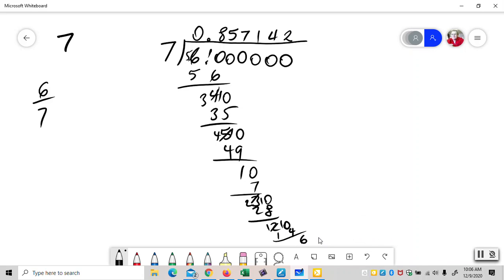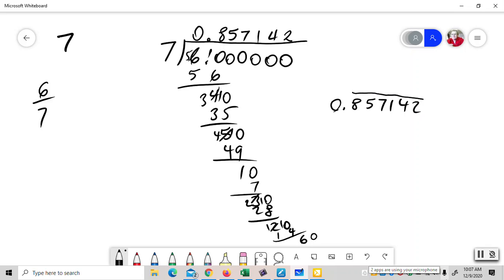And so finally, we're back to 6. The next 0, you're going to be back to 8. 8 times 7 is 56. So what that means is the whole crazy thing repeats. The bar goes over everything.